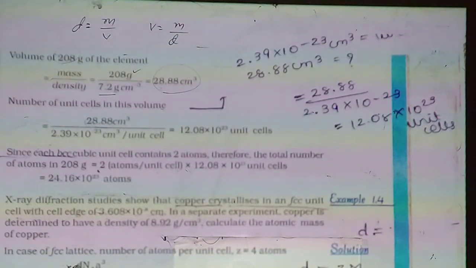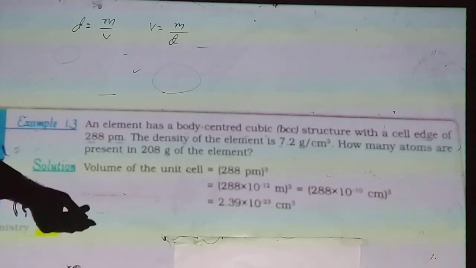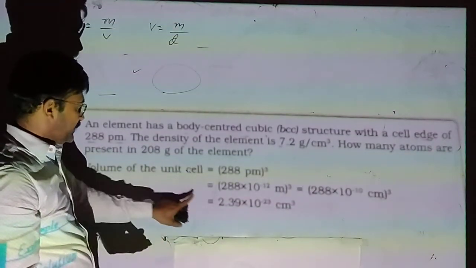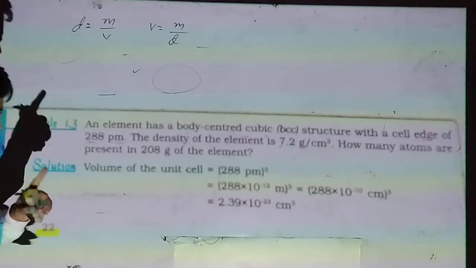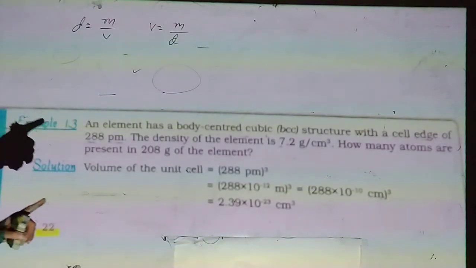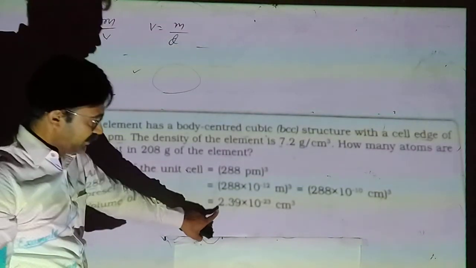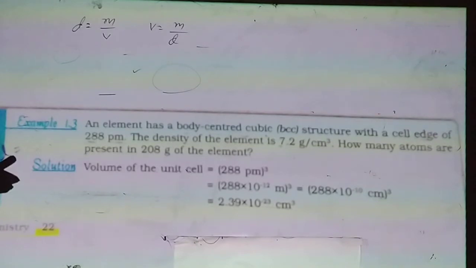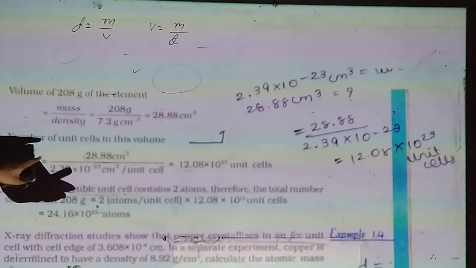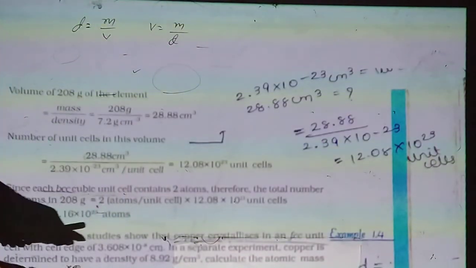So you can see this one is a simple ratio. This is the volume of 1 unit cell. This volume means 1 unit cell. So at this volume, how much?